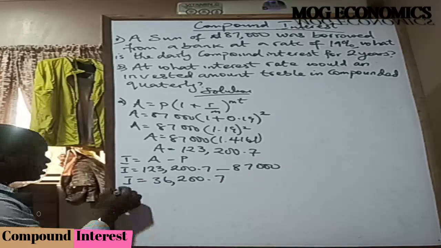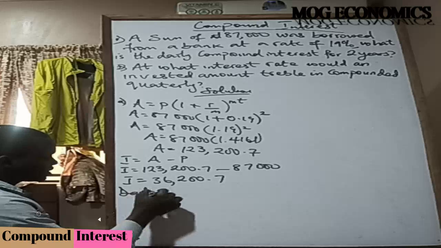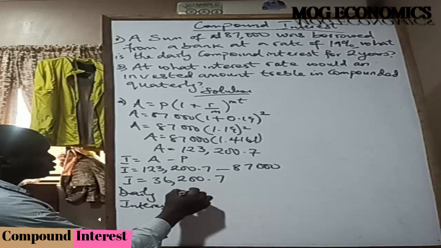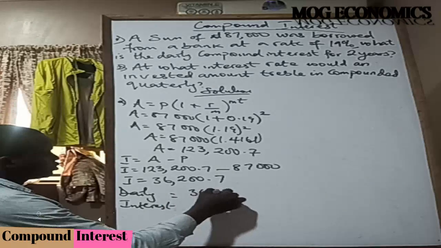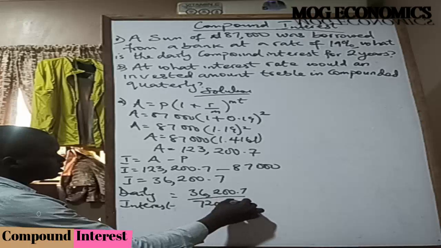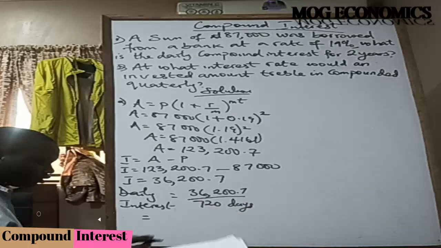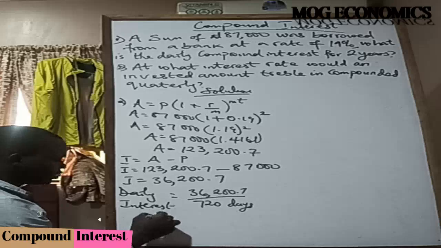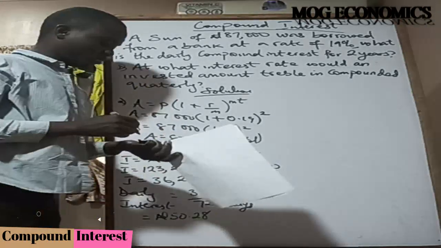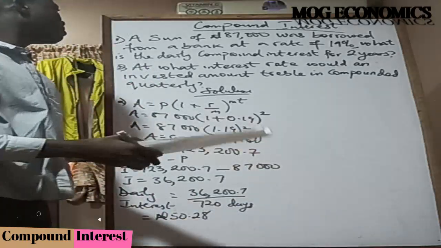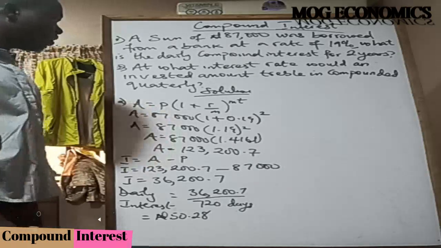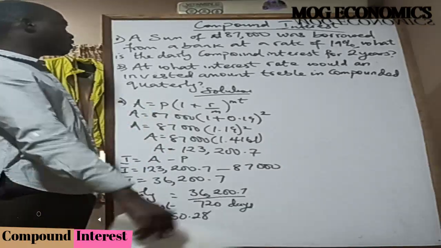All right, so the daily interest, I don't know why I keep saying interest rates, equals 36,200.7 divided by 720 days, and that's going to be 50.28. So the daily compound interest on average is 50 naira 28 kobo. So that should solve that.